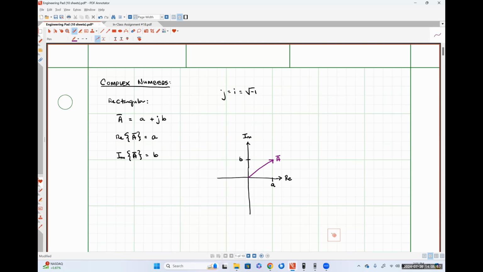Like so. You can treat a rectangular form complex number like a two-dimensional vector, where the real part tells you how many units to go in the x direction, and the imaginary part tells you how many units to go in the y direction. Okay.